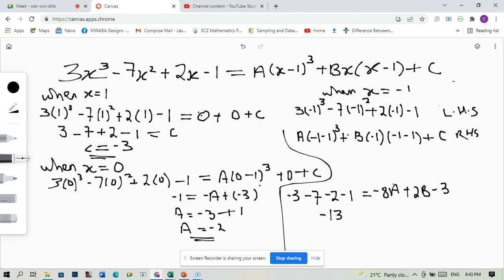All right, we have our value for a. So we'll substitute. We have negative 8, and a is equal to negative 2, so we'll have negative 2 here, plus 2b minus 3.